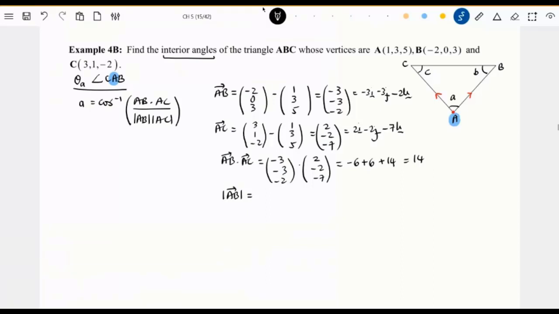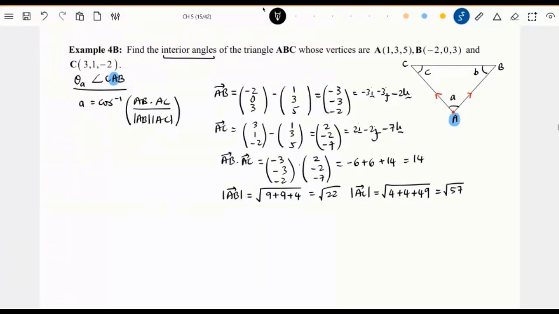Berapa magnitude AB? Square root of 9 plus 9 plus 4. Berapa kita dapat? Square root of 22. Good. Magnitude AC: square root of 4 plus 4 plus 49. Kita dapat berapa? Square root of 57.